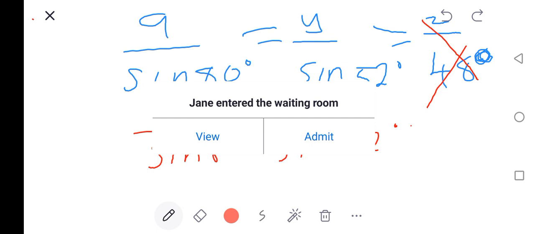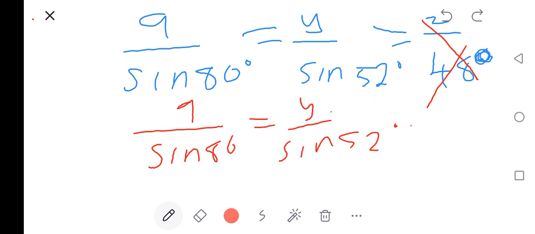And then she looks at what they have asked you to find. Which side are you finding? Without writing all the three. So that was her point. Which is, yes, it's true.